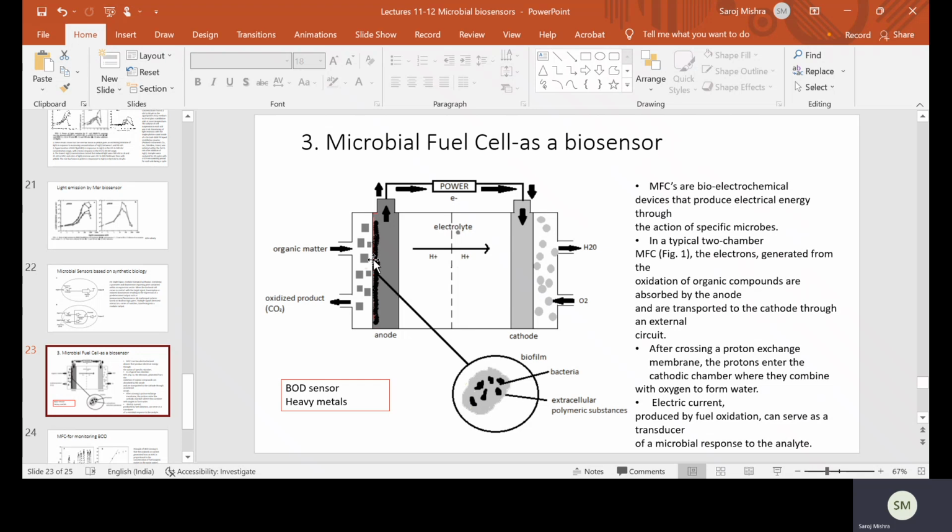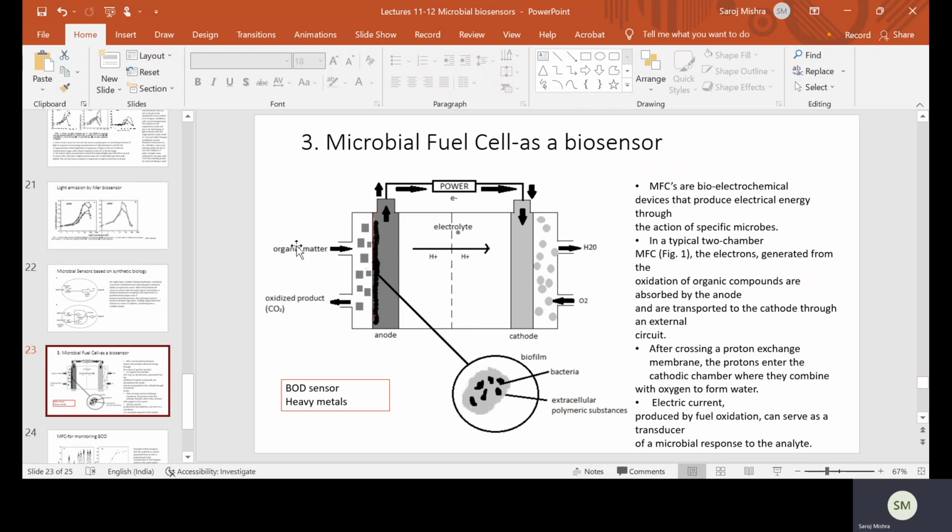Now generally, whenever microbes use organic matter as a fuel source, organic matter is nothing but CHO. This organic matter is going to be oxidized to carbon dioxide.